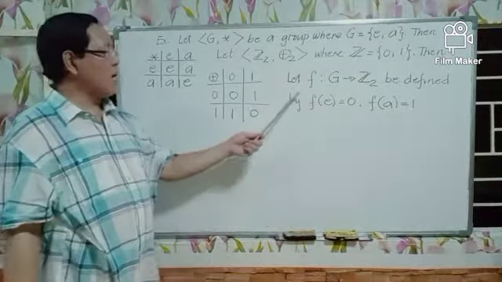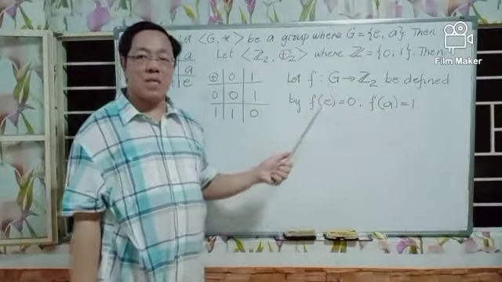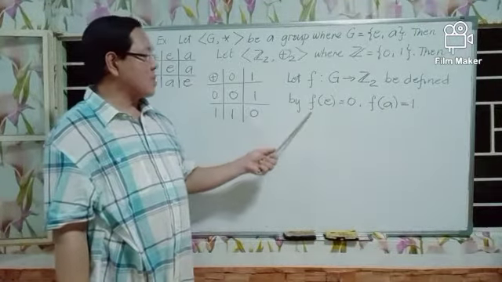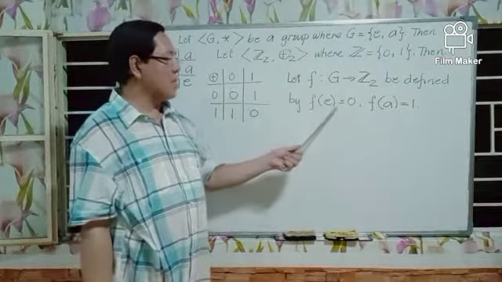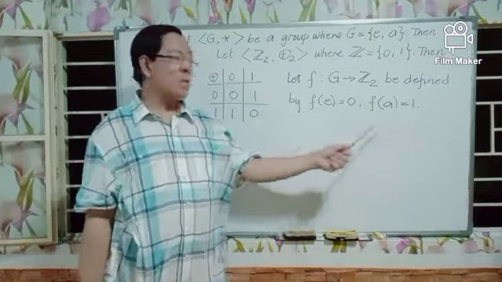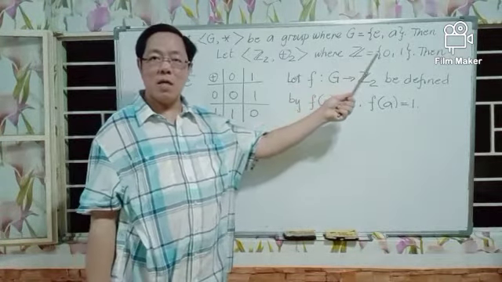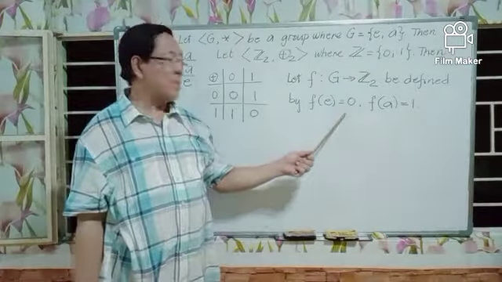The function f from set G to set C sub 2 is an isomorphism if the function f is defined as follows: f of e is equal to 0, f of a is equal to 1.